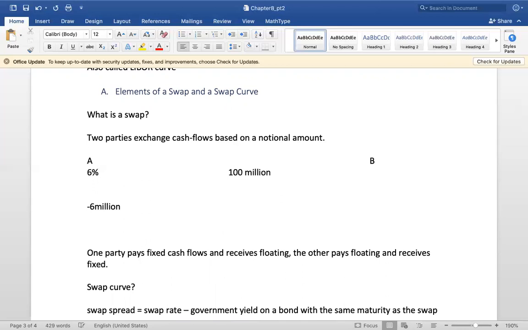Let's suppose that it could be a 3-month treasury bill or a 3-month LIBOR rate. The most common reference is LIBOR; in Pakistan, it's KIBOR. So this can be 3-month LIBOR or the KIBOR rate.